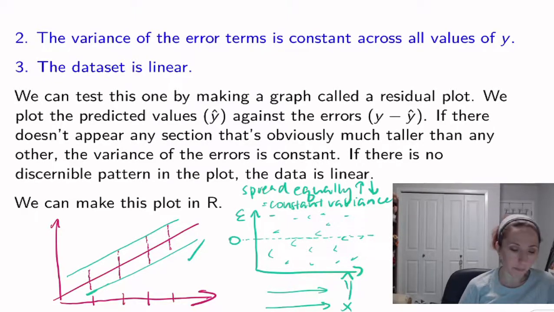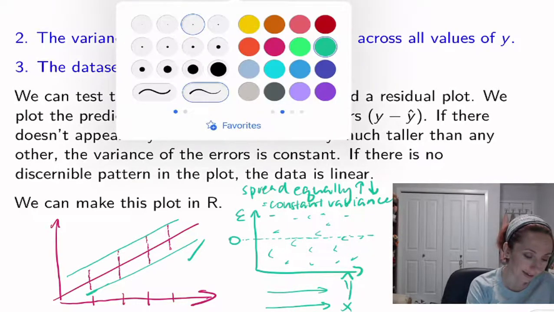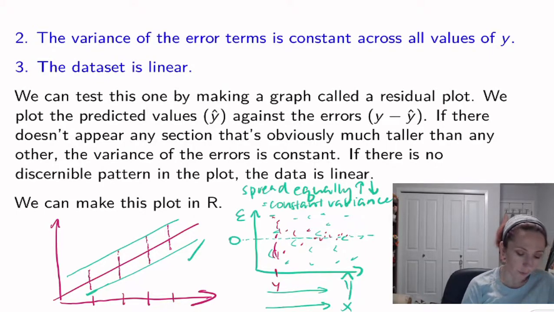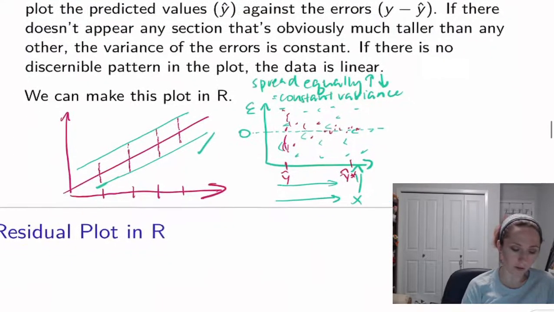If I had a plot that looked something like this, that would mean that I have a lot of error in this one particular section of y, and then my points are very close together later on at a later y hat. Maybe think of it as a y hat star. What would this look like on our regression line?